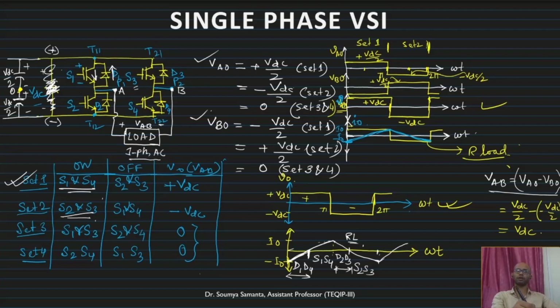One more thing. You can see that whenever we are using L in the load, L is generally connected to the pole because we cannot make the inductor open circuit. So abruptly we cannot make the inductor current 0, otherwise it will create a flashover. So therefore we have to give complete supply for the inductor. We have to connect it to the pole because the pole will be either connected to T1 or T2. It will be connected to any one.